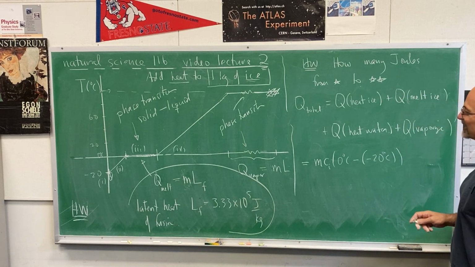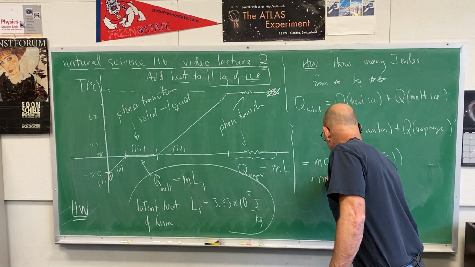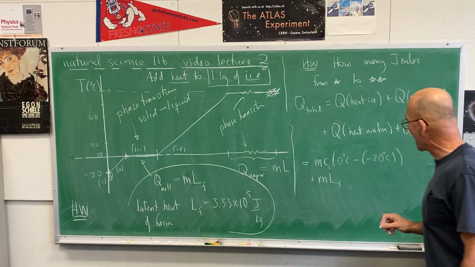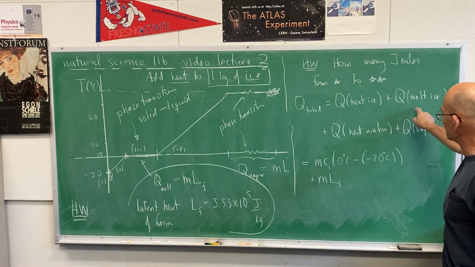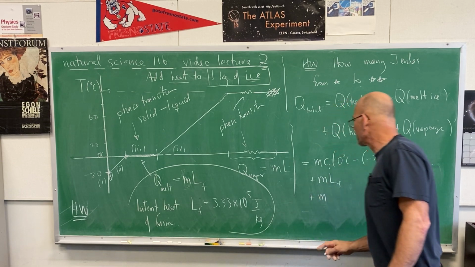That was M c delta T. And then plus M, latent heat of fusion of the ice, is our second one, plus M.